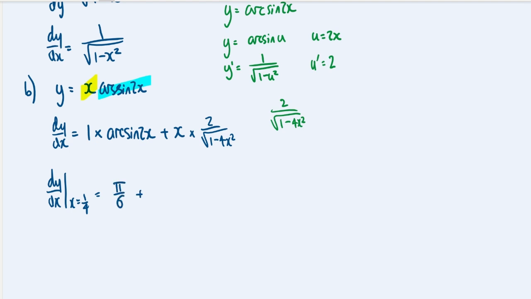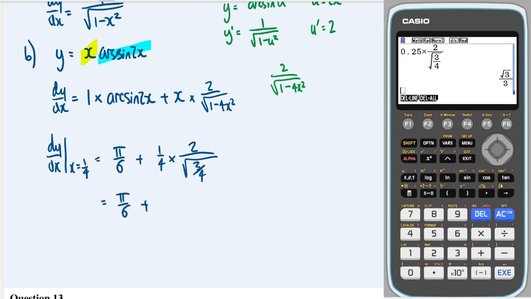And then next I'm going to get x, which is a quarter, multiplied by 2 over the square root of a quarter squared is a 16th, times 4 is a quarter, 1 minus a quarter is 3/4. Root 3 over 3. Great.